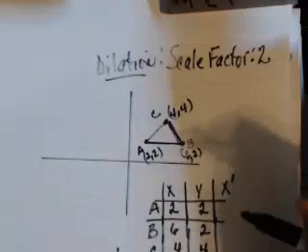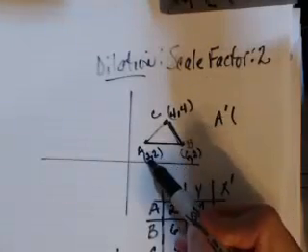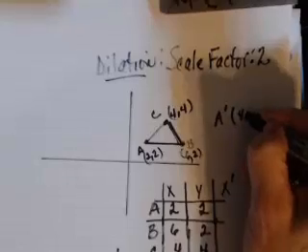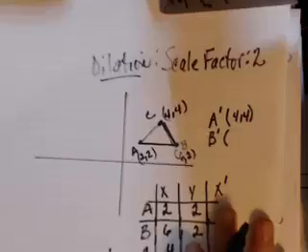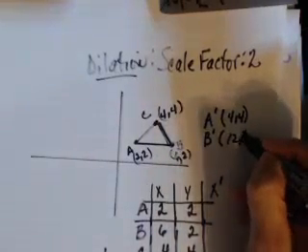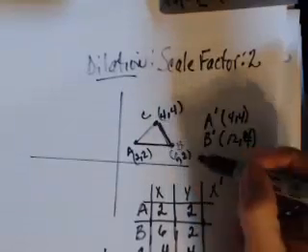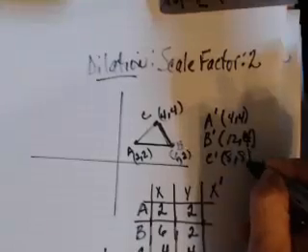So for A prime, I would have an ordered pair of 4, 4. For B prime, I would have an ordered pair of 12, 4. And for C prime, I have an ordered pair of 8, 8.